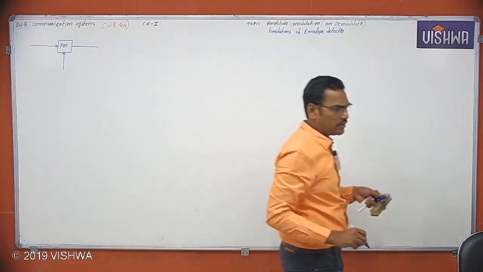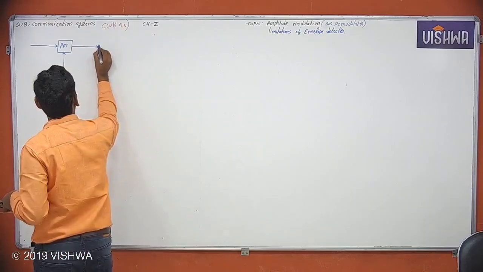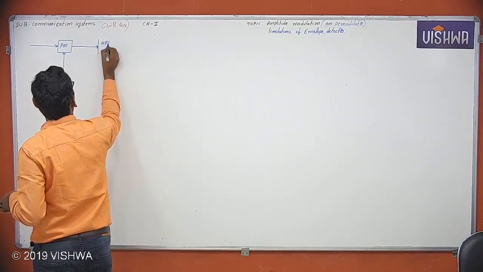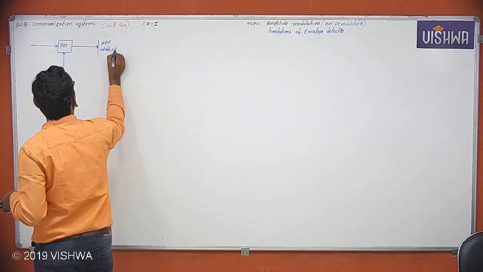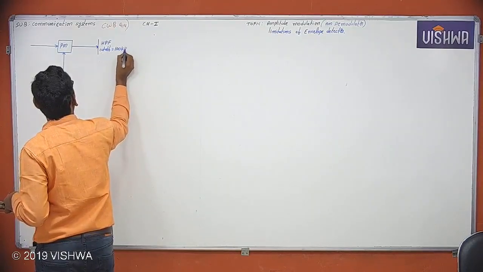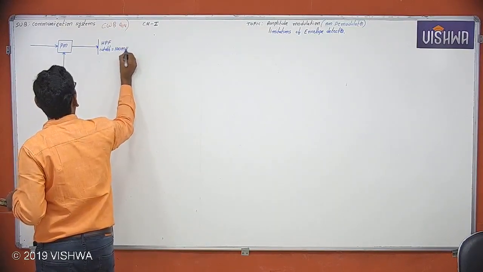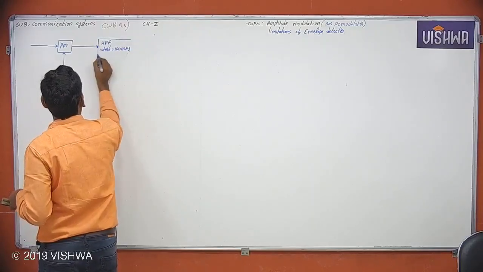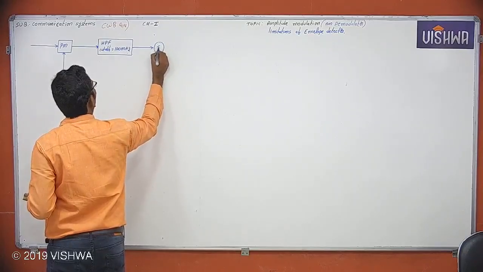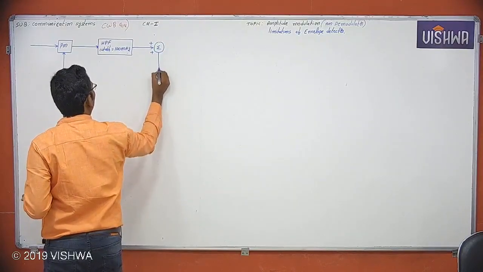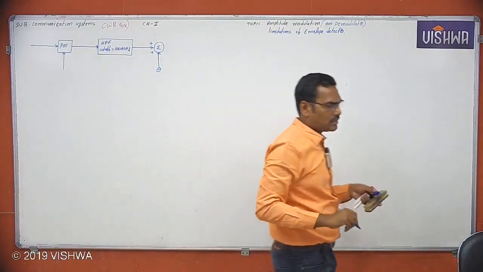This is the system which is given to you. A high pass filter whose cutoff frequency is given as 100 megahertz is connected to the adder circuit.